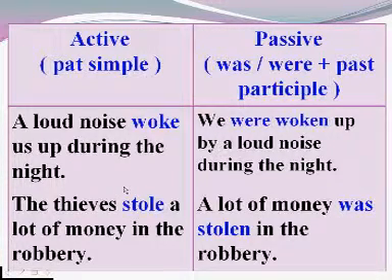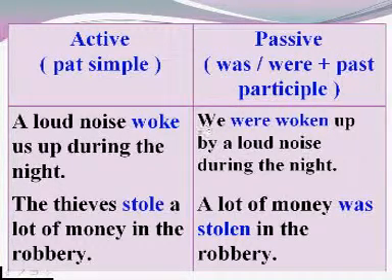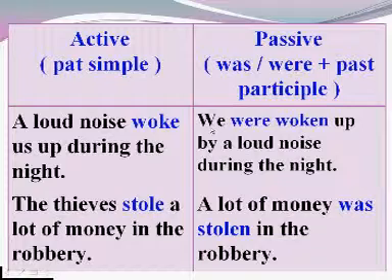So, where is the object here? It's us. And because we will start the new sentence with the object, which is going to be a subject here, of course we use we, which is a subject pronoun. And of course we goes with were. So we were woken up, the past participle. We were woken up by a loud noise during the night.